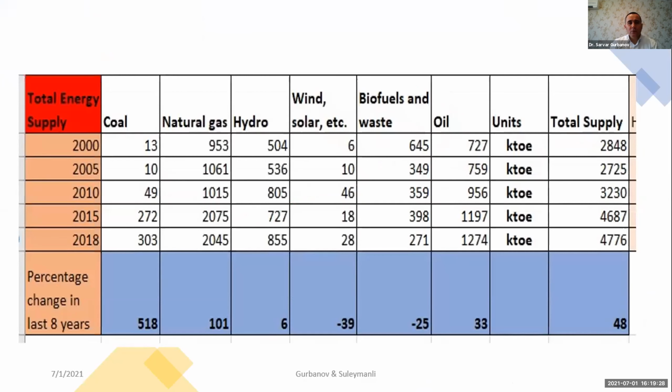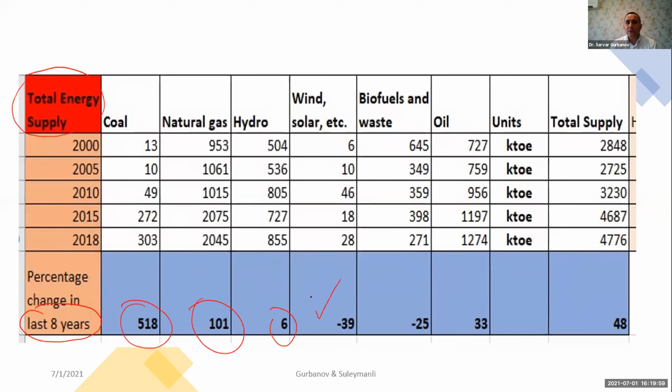So we looked at the total energy supply of Georgia, and we saw that in the last 8 years, especially after the introduction of blockchain technology, which started with Bitcoin, on the total energy supply of Georgia the coal share and natural gas share are increasing. As you see, hydro as a share of the total energy supply increases slightly.